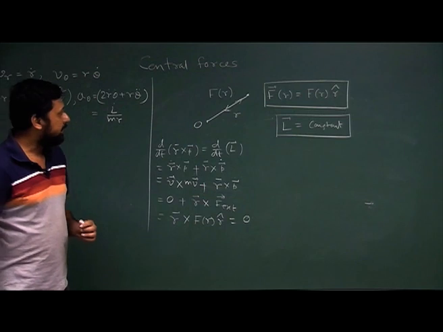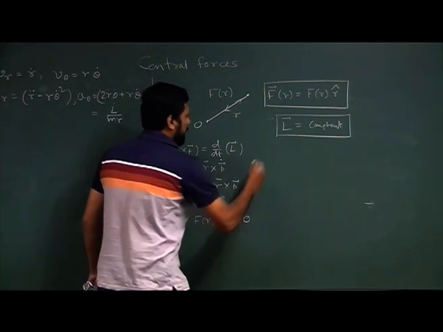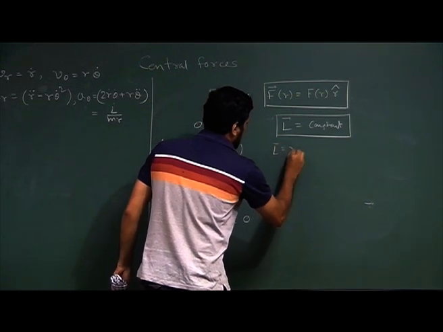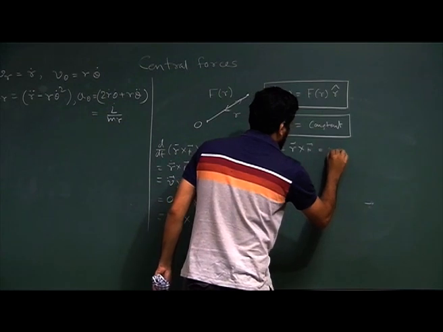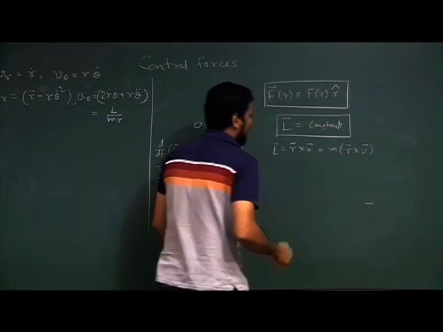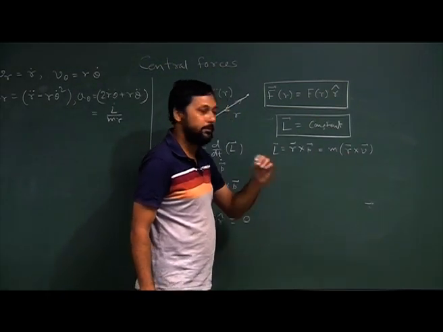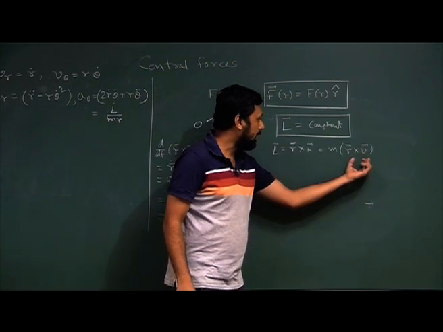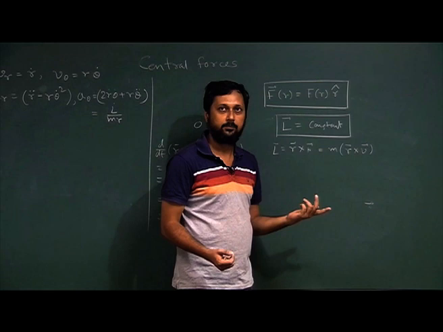Now, there is a very special case where L can also be equal to 0, because L is given as r cross p, which is m times r cross v. Now, if for a particular type of motion r and v are in the same direction, then this term will also vanish.